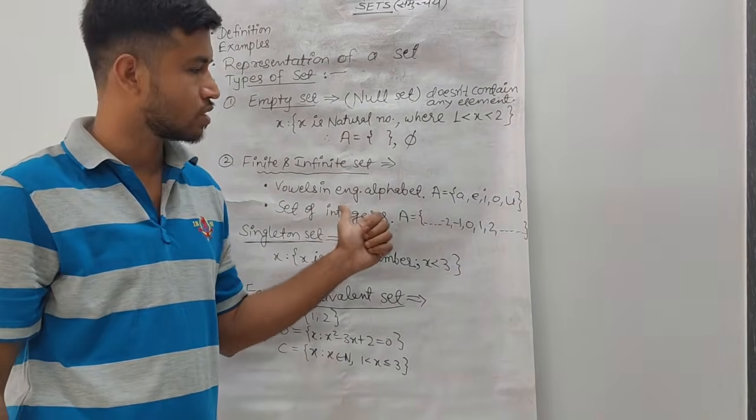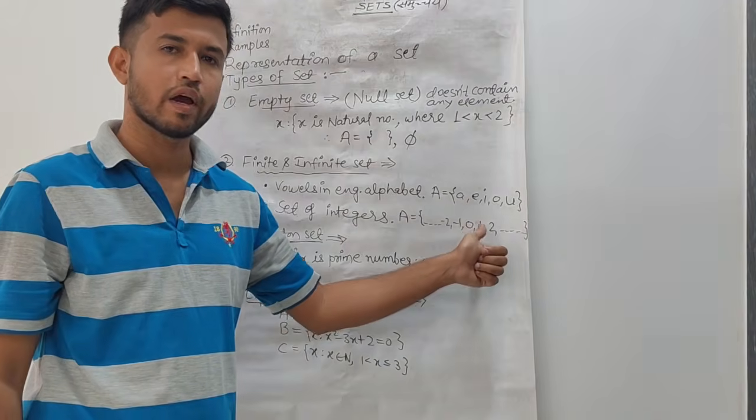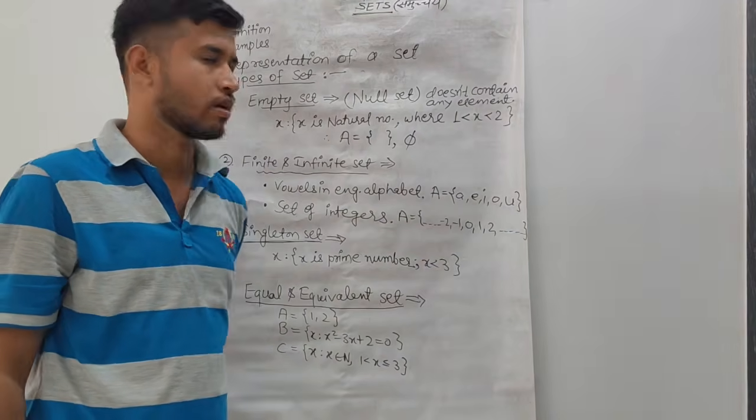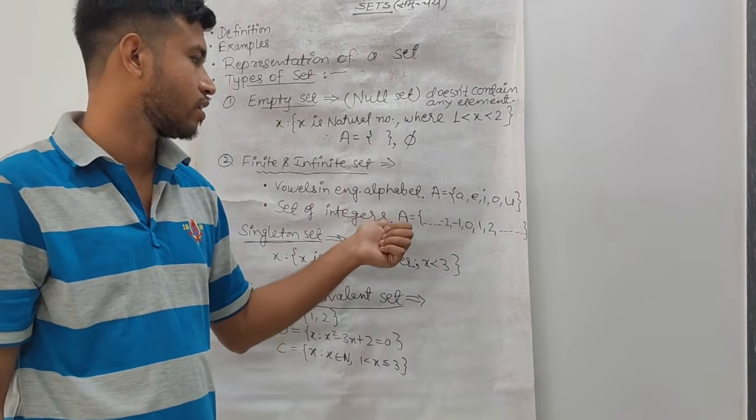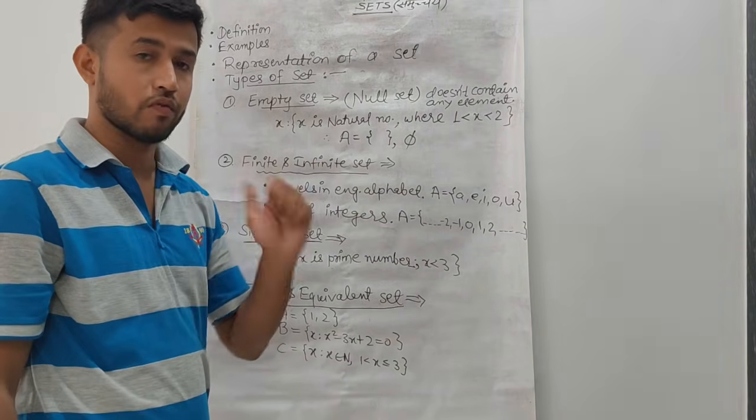Here the set of integers means minus infinity to 0 and 1 to plus infinity. So this is an example of an infinite set, meaning an infinite number of elements.